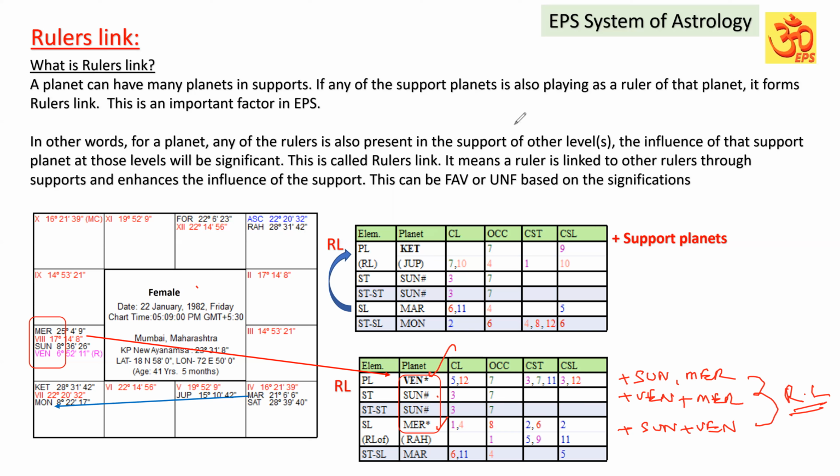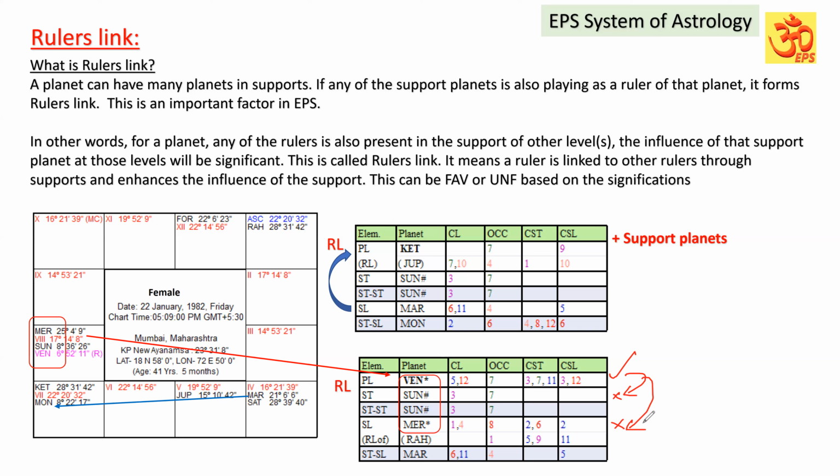For example, suppose the planet Venus is good for an event, but Star Lord and Sublord are not good for that particular event. It means Venus will not get the support from the Star Lord and Sublord. Suppose that planet is forming ruler's link to the Star Lord and Sublord.